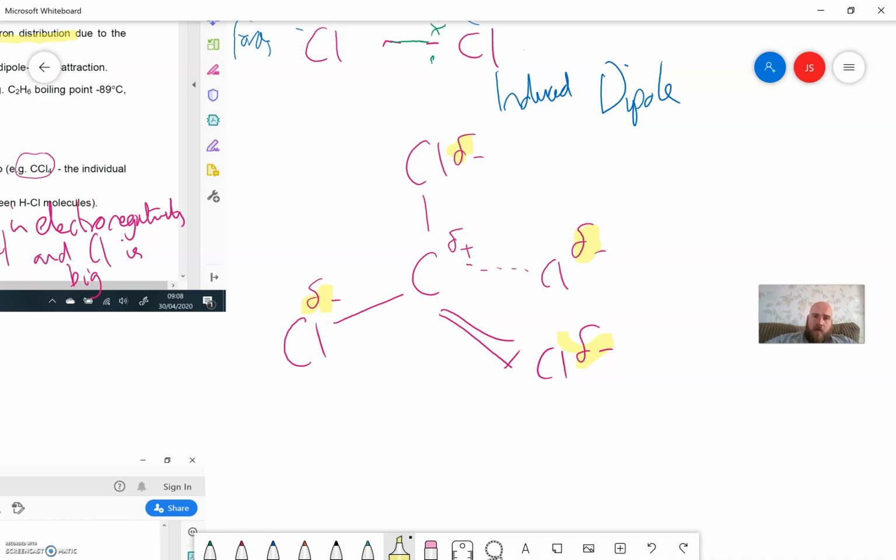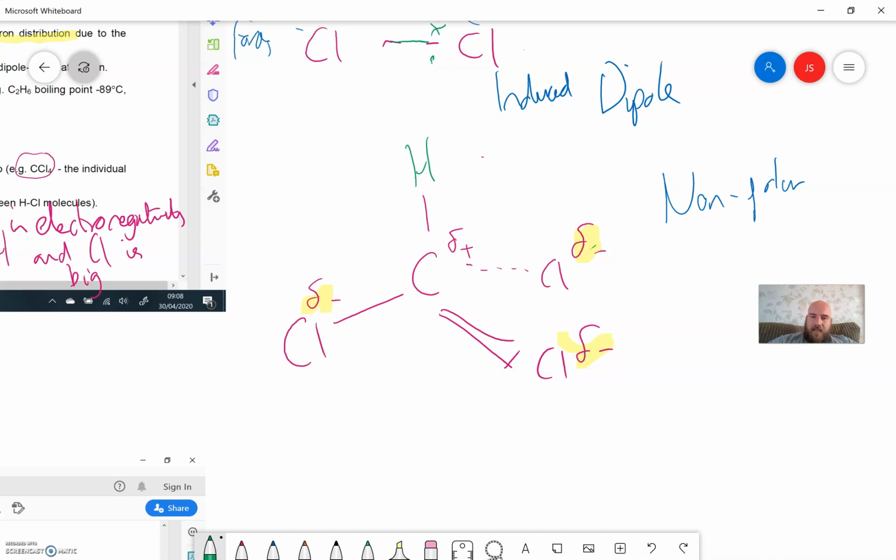Now, how can we turn this non-polar molecule into a polar molecule? Well, just change one of the chlorines for any other atom. So if I change that for, let's go for a hydrogen, all of a sudden the carbon-hydrogen bond is not polar because the difference in electronegativity between carbon and hydrogen is very, very small.